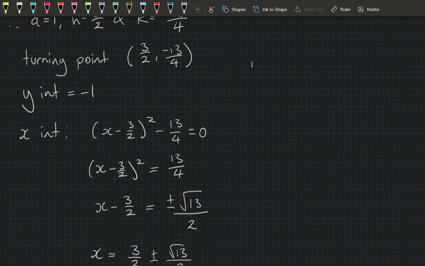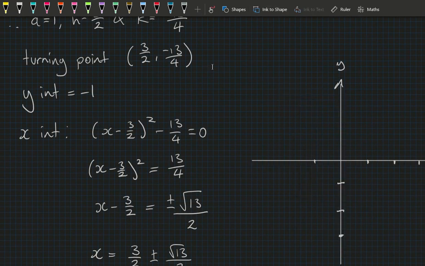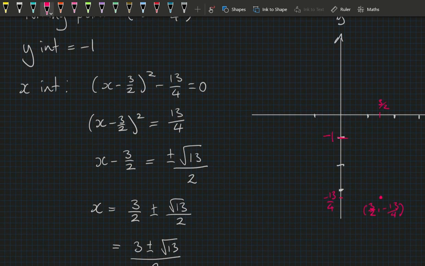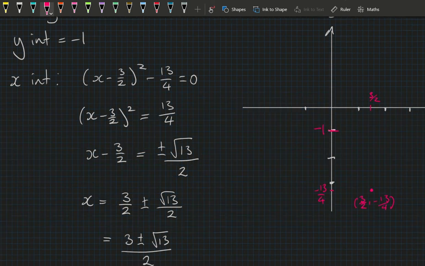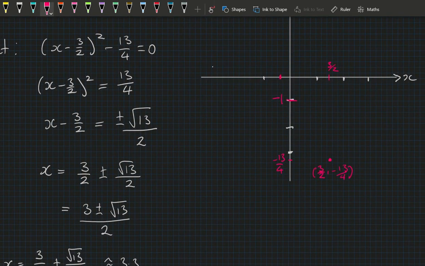So we can use these axes and mark in the turning point at (3/2, minus 13/4), and the y-intercept at minus 1. We know the x-intercepts are around about minus 0.3 and 3.3. I'm going to first draw the parabola.